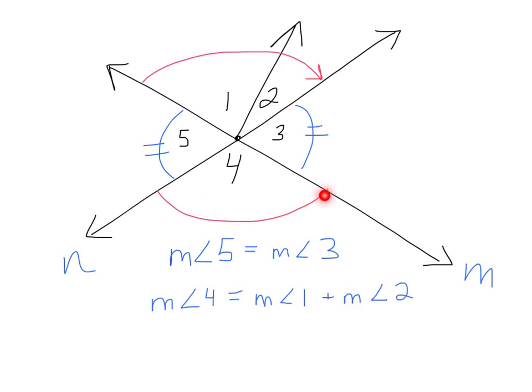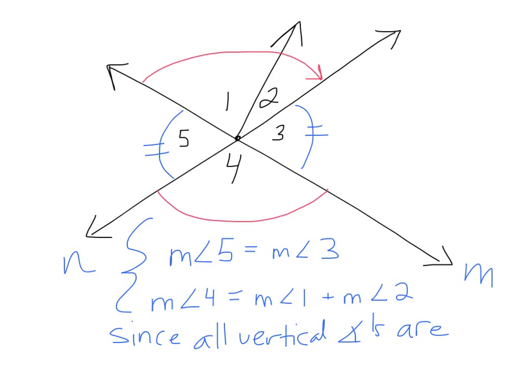We know that the measure of angle 4 equals the measure of angle 1 plus the measure of angle 2. And the big idea, and you really should write this down as you're making statements like this, is to say something like, since all vertical angles are congruent. You should always be writing and justifying and knowing what you're doing is correct and true and factual. So be very, very careful.